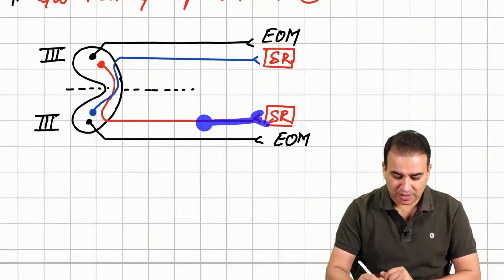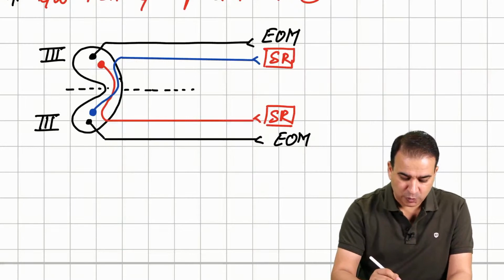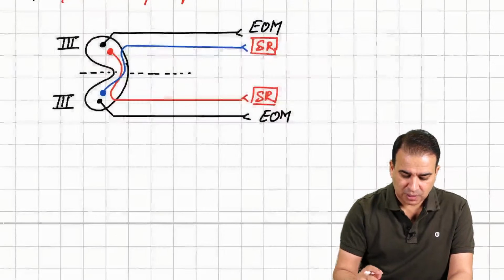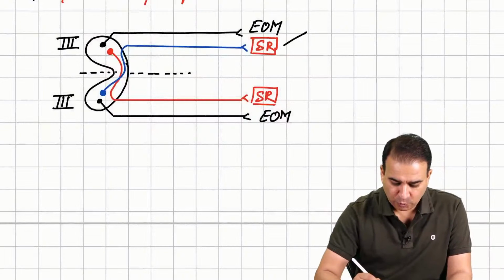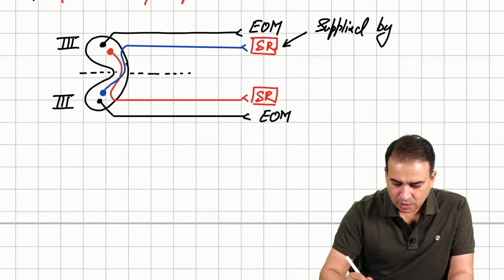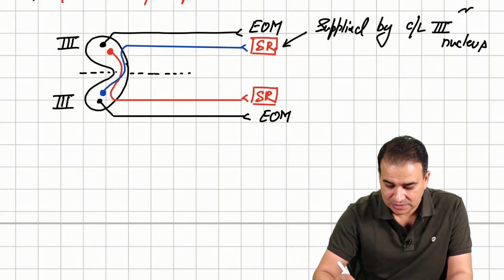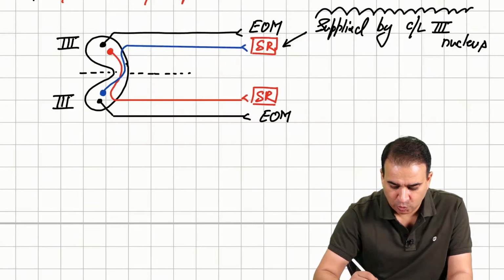So superior rectus innervation comes from the contralateral oculomotor nucleus. Superior rectus is a muscle which is supplied by, that's a question here, the contralateral oculomotor nucleus. Not the nerve, guys, I'm saying nucleus.